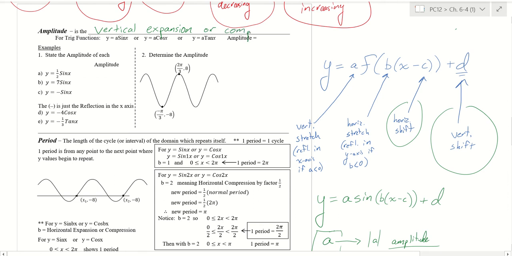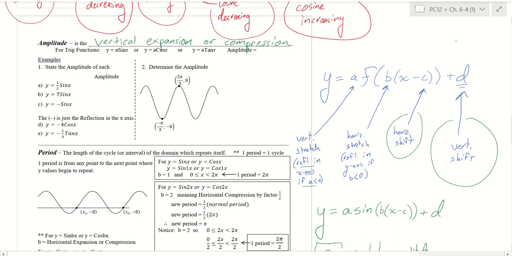Right, we had made that connection in the previous video that the a parameter, which controls vertical expansion and compression, as well as reflections technically in the x-axis. But if we're only interested in its absolute value, then we can call that also the amplitude of the sinusoidal function.